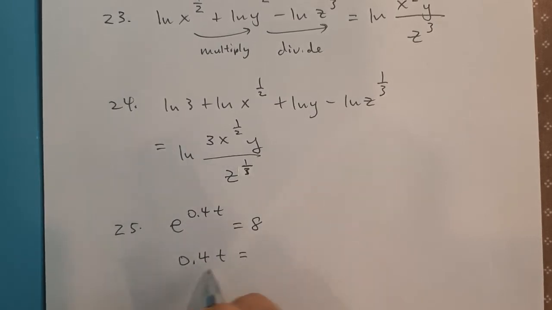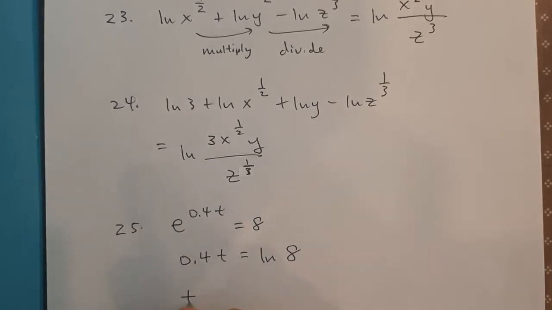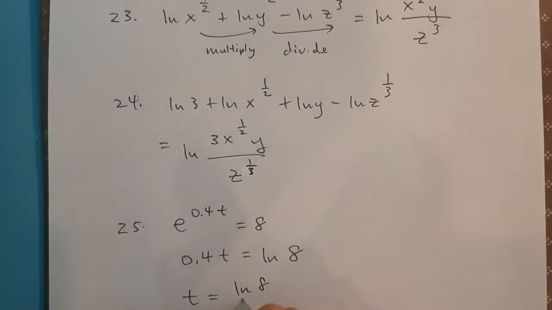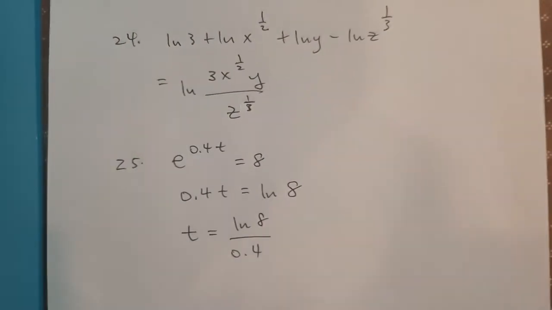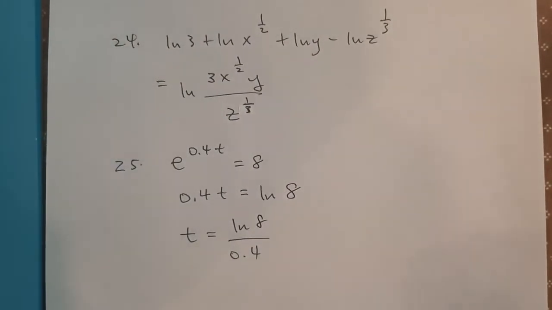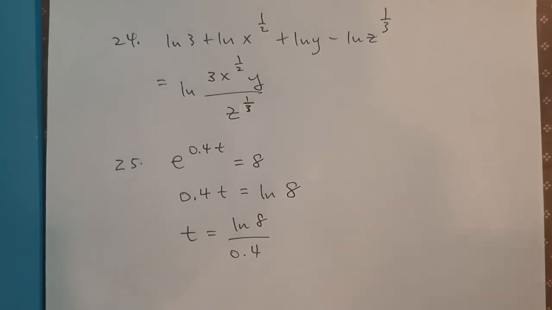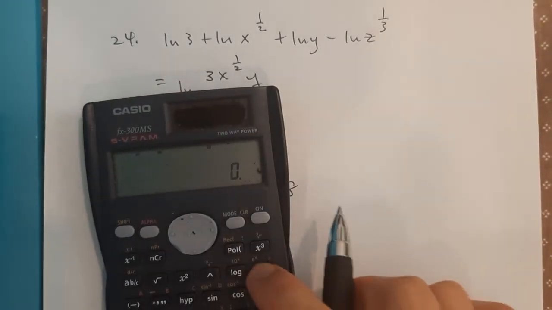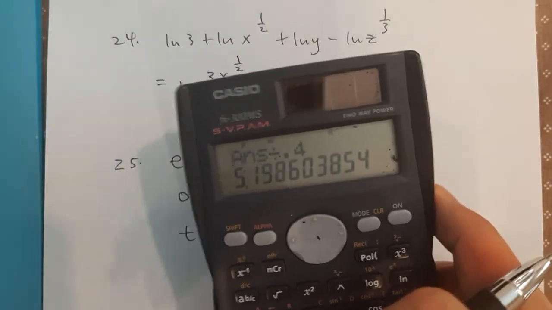We get 0.4t equals ln 8. t equals ln 8 divided by 0.4. So this is the exact answer. And of course, you can simplify it in the calculator. ln 8 divided by 0.4 is 5.1986.